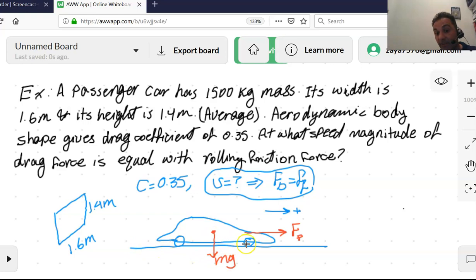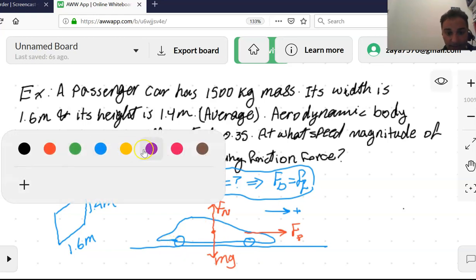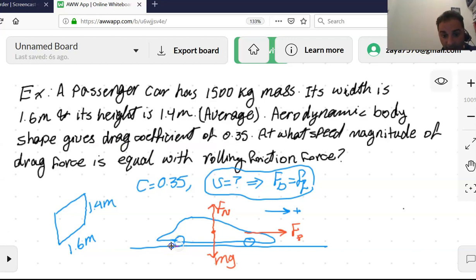It's downward, perpendicular on the ground or on the earth. The next force, always, is Fn, the normal surface force, which is the force formed by the surface on the object. Here we are also going to have friction force, in the opposite direction, plus a force formed by air, which is Fd.